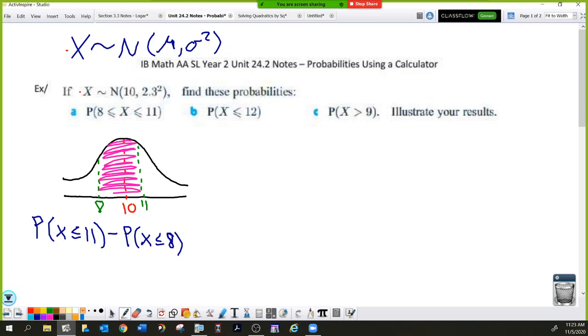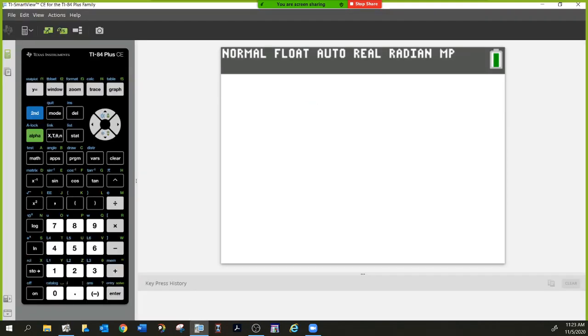We only use one command for finding probabilities on a normal distribution on our calculator. We were using two different commands for binomial distributions. There's a reason why. For binomial distributions, you could find the probability that x equals 11, or you could find the probability that x is less than or equal to 11.